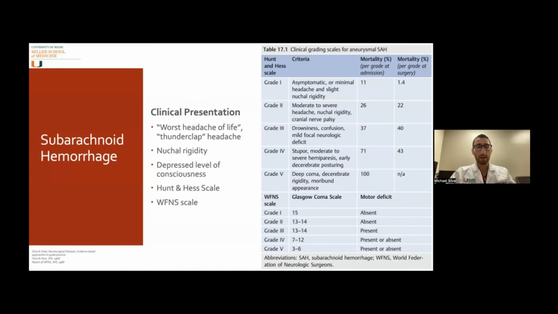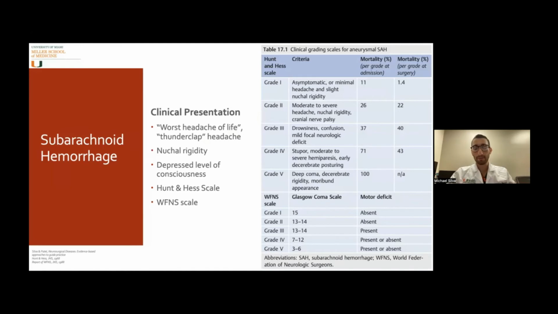In terms of clinical assessment on presentation, by far the most commonly used clinical grading scale is the Hunt and Hess scale. I'll dive deeper into the origins and meaning of the Hunt and Hess scale in a little bit, but suffice it to say that increasing grade from 1 to 5 is basically decreasing level of consciousness, and that's the main feature of the scale.